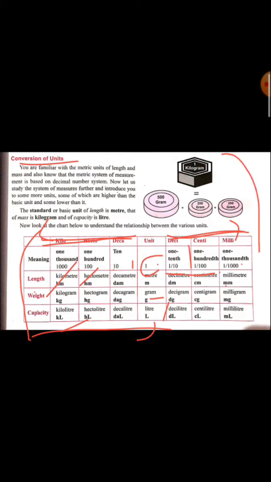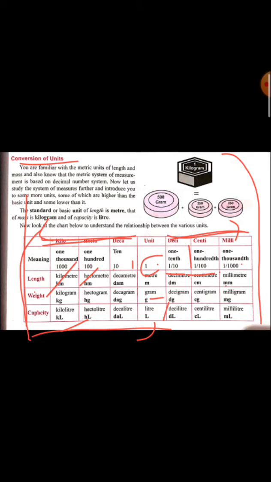This is measurement. I have explained in previous classes what a conversion of unit is, and there is one metric table. You know what the metric table is? Milli, centi, deci, meter, deca, hecto, kilo.